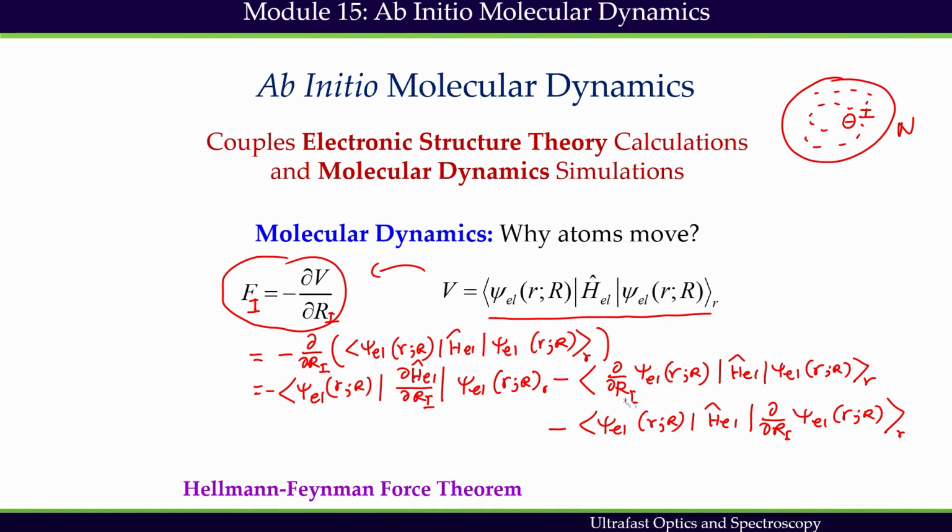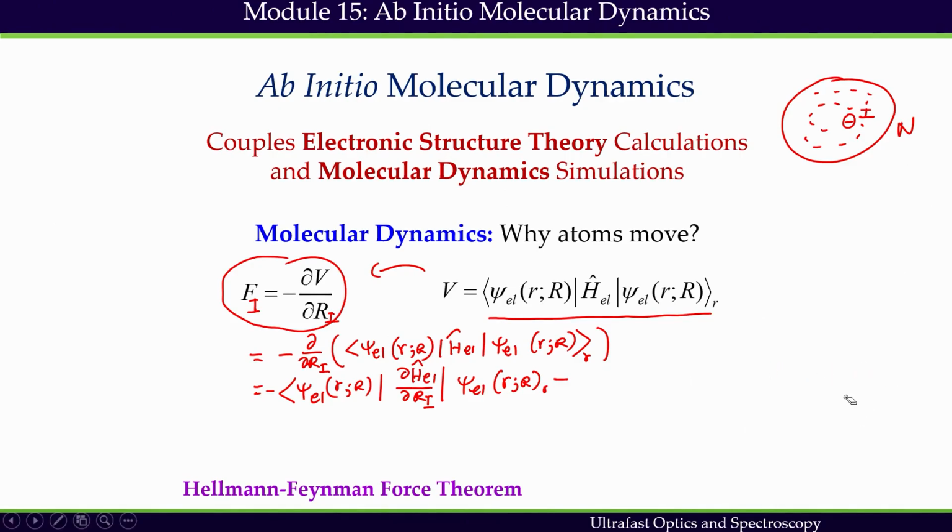We can rewrite these two terms as the electronic expectation value, this is the electronic energy, with respect to d/dR I of psi electronic R.